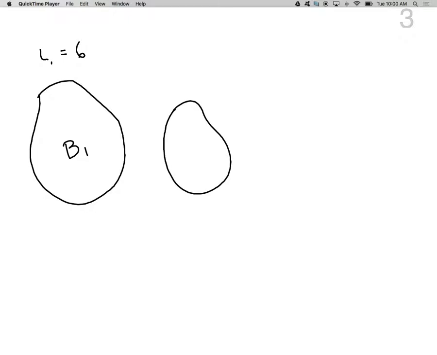So let's go here. We've got, let's see, L1 is 6. We'll do blobs again. Here's B1, and try to make that similar looking. B2, and again, B1. You need to know that they're similar, by the way. You can't proceed if they're not similar.